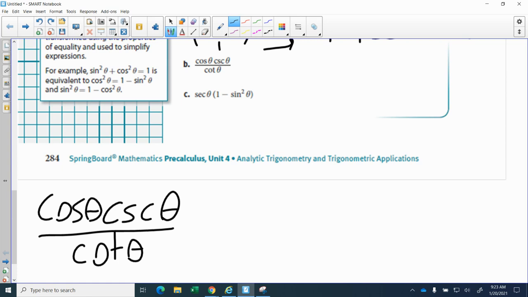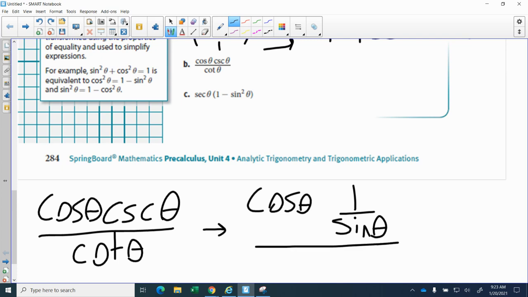Well, I can rewrite all these values in terms of sine and cosine, because they all have an identity that represents that. For example, cosine can just stay cosine of theta. Cosecant is just 1 over sine of theta. Okay, that's the top of the fraction.